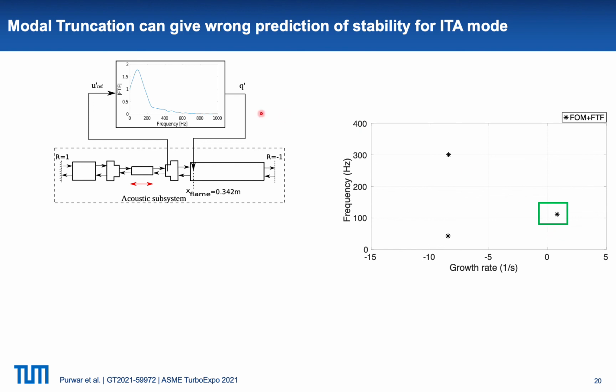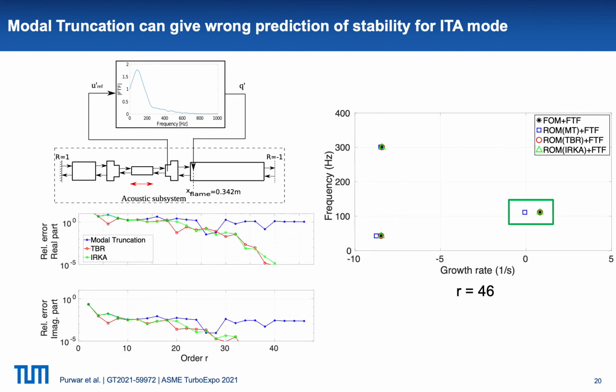Here again we perform reduction of the acoustic subsystem and couple the reduced models with the flame transfer function to reproduce the thermoacoustic modes. We observe here that modal truncation gives completely unreliable prediction of the growth rate of the intrinsic mode.